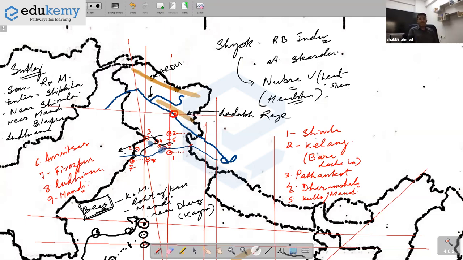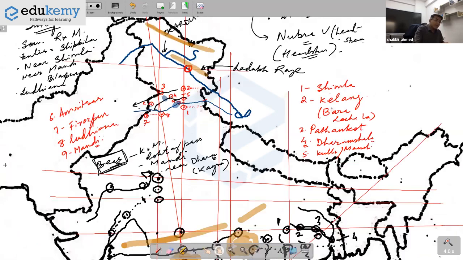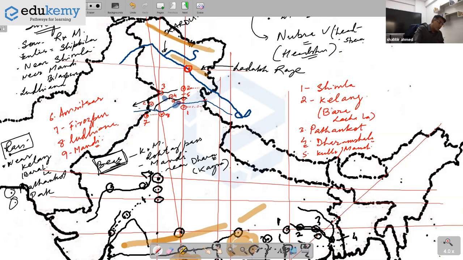Harike barrage, from where it emerges near Amritsar, Tarn Taran district, you can say that. This is what you need. And at Pathankot, Ranjit Sagar, correct, for river Ravi. The source of the river is from near Kelang, then it passes through Pathankot and then it crosses over to the Pakistan border. And at Pathankot we can approximate a dam called Theen Dam, T-H-E-I-N. Theen Dam is also called Ranjit Sagar.